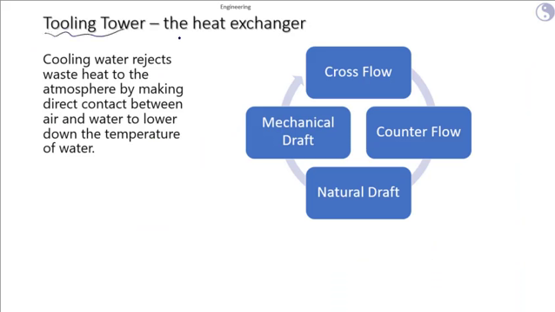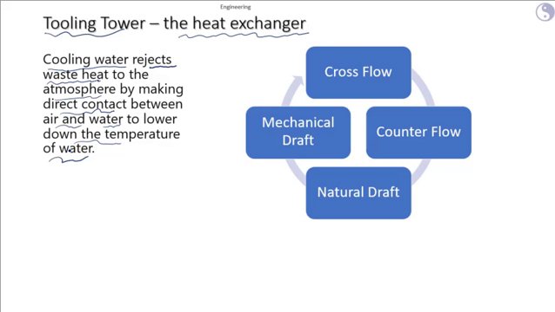A cooling tower is basically a heat exchanger, and the cooling water, that means the hot water from the condenser, rejects waste heat to the atmosphere by making direct contact between air and water to lower the temperature of the water.